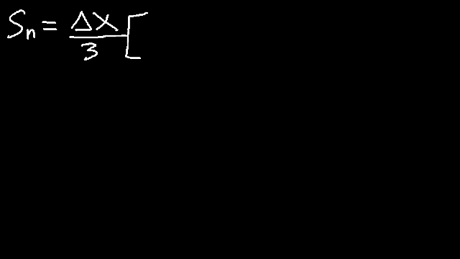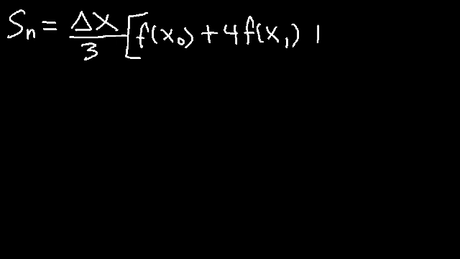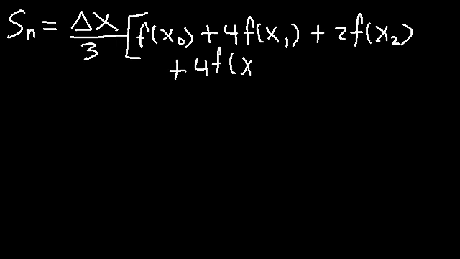Now the next one we're going to go over is Simpson's rule. So here's the formula. S of n is equal to delta x divided by 3 times f of x0 plus 4 f of x1 plus 2 f of x2 plus 4 f of x n minus 1.